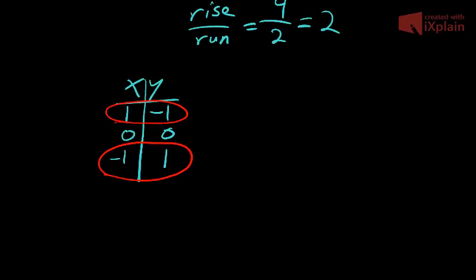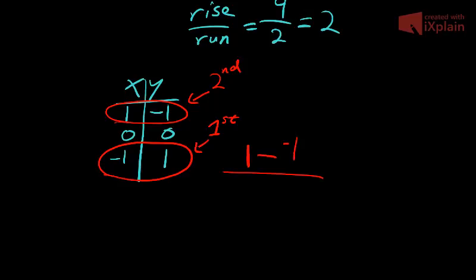So my rise, again, is going to be a y minus a y. So my first point, I'm going to call this one right here, is going to be first, and this one right here is going to be second. And we have to make sure we always use the first point first. So I'm going to use my y value, the first one first, which is going to be a 1, then subtract the second one, which is negative 1.